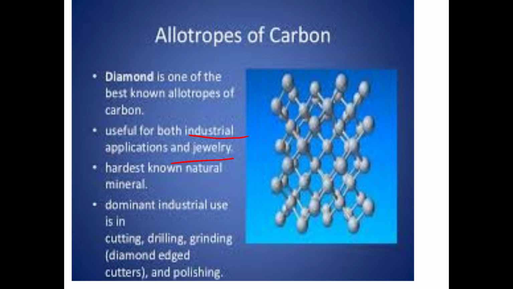It is used in cutting, drilling, grinding, and for the formation of jewelry. And it has this kind of structure. It is a three-dimensional network structure. All carbons are joined by covalent bonds. Each carbon is sp3 hybridized.